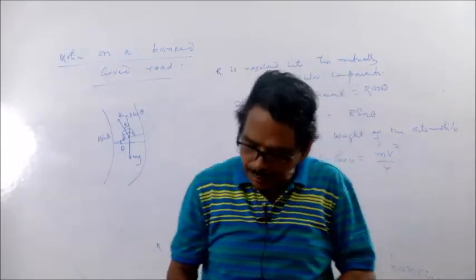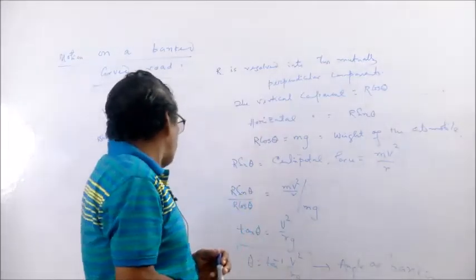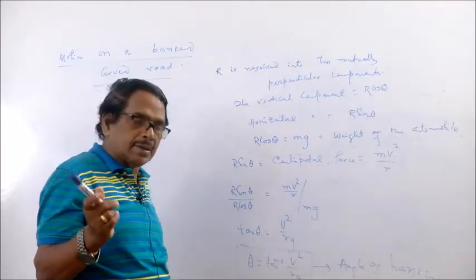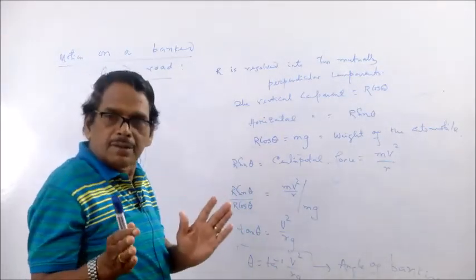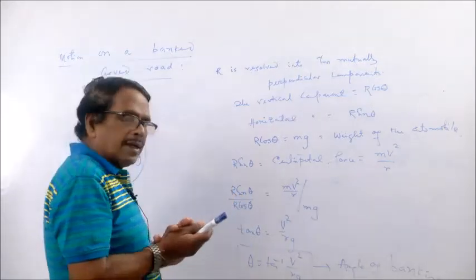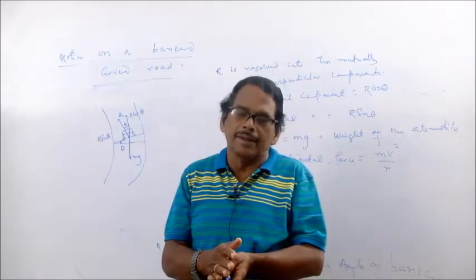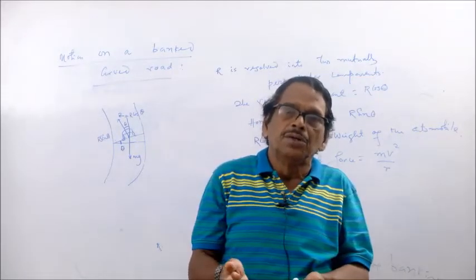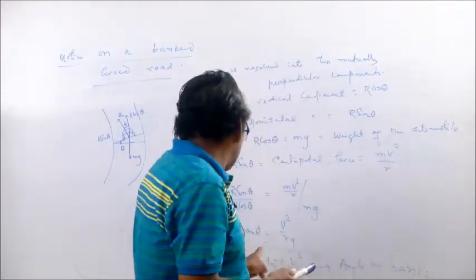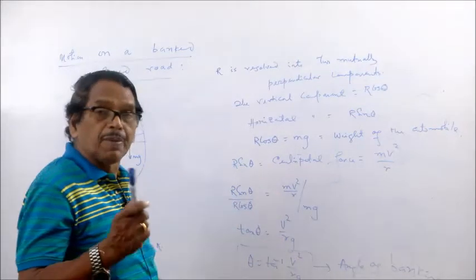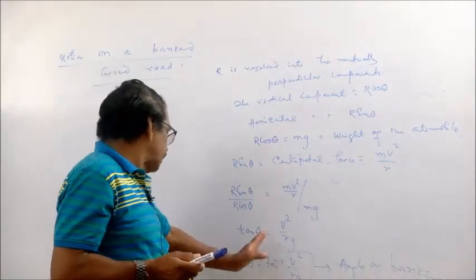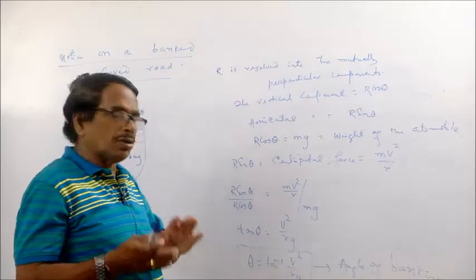So, what is done? When the automobile moves on the car road, the road is already banked, the angle is already made. The automobile is not going to make the angle. When you move on a cycle on the car road, you make the angle, you turn your body toward the center, but in this case the road is already banked, the angle is already set, and the radius of the car road is already there.